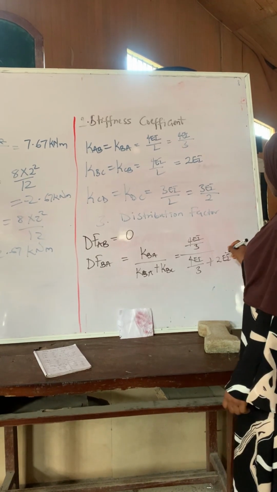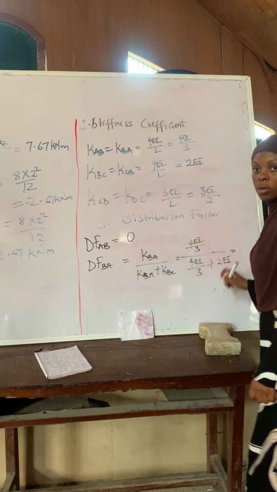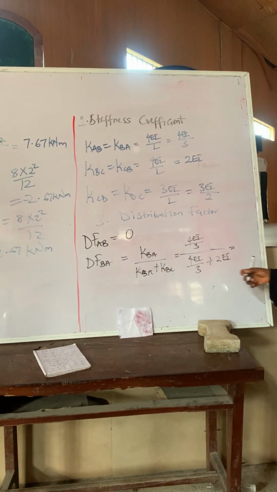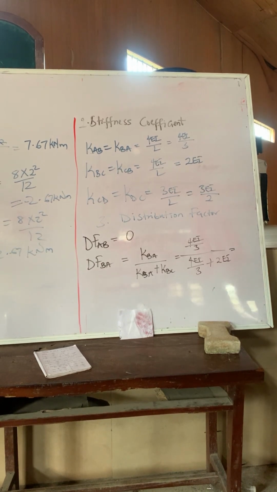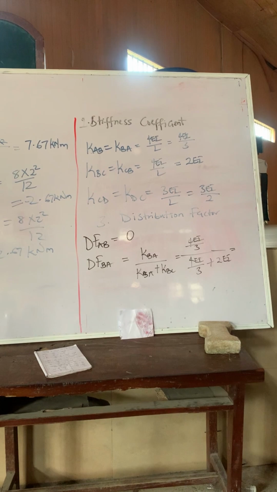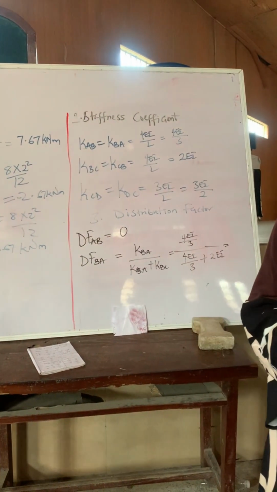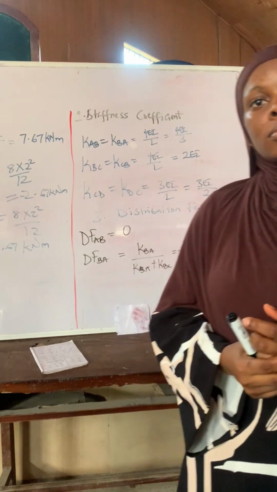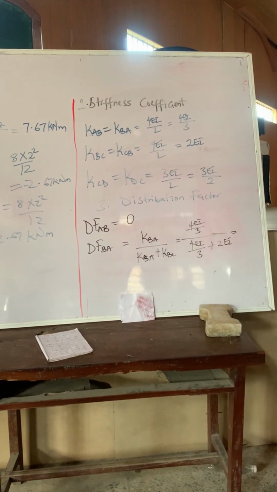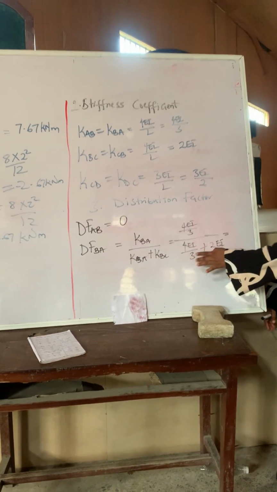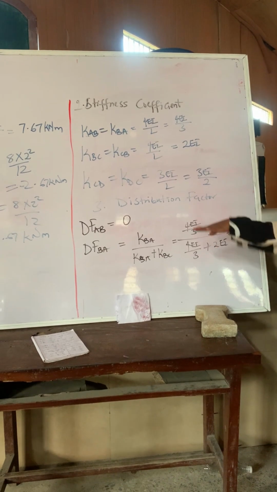Can someone solve this and tell us the answer? Look at 16 EI. What is the answer? So punch your calculator and tell us the answer. To get the answer now, we're going to do 4/3 plus 2. The EI will cancel the EI.